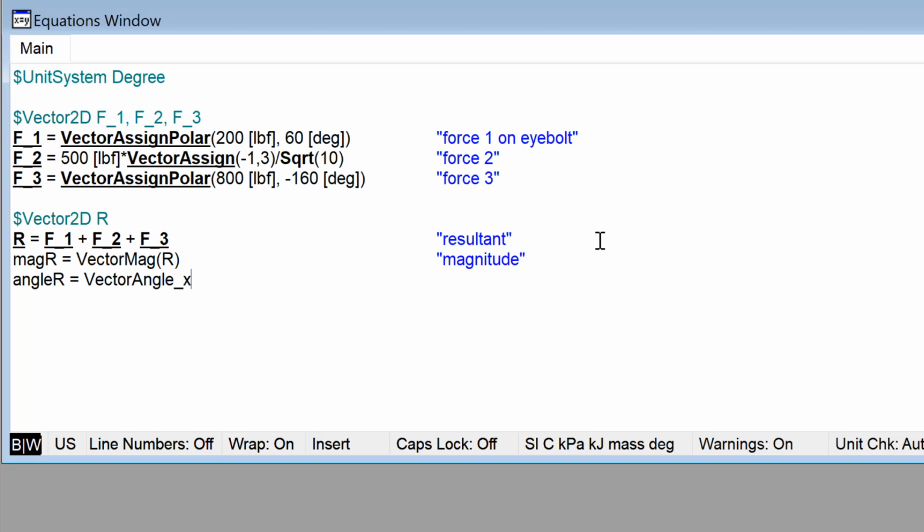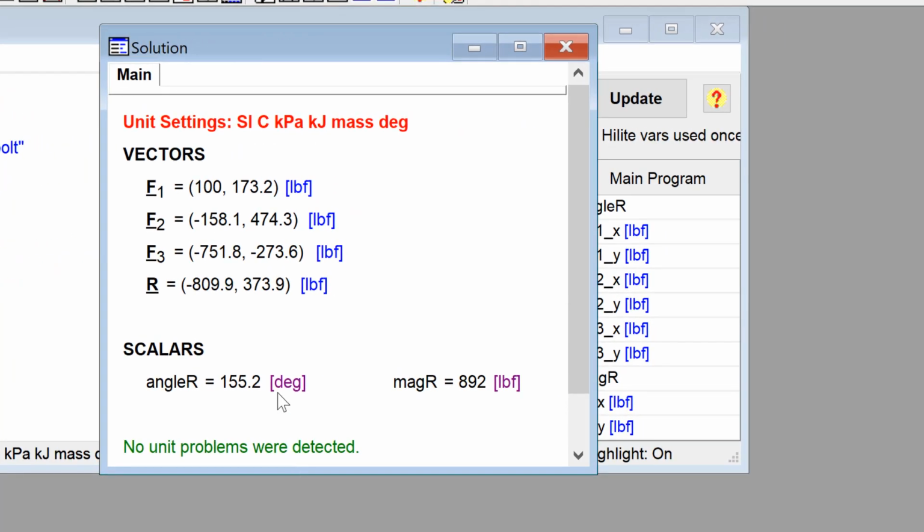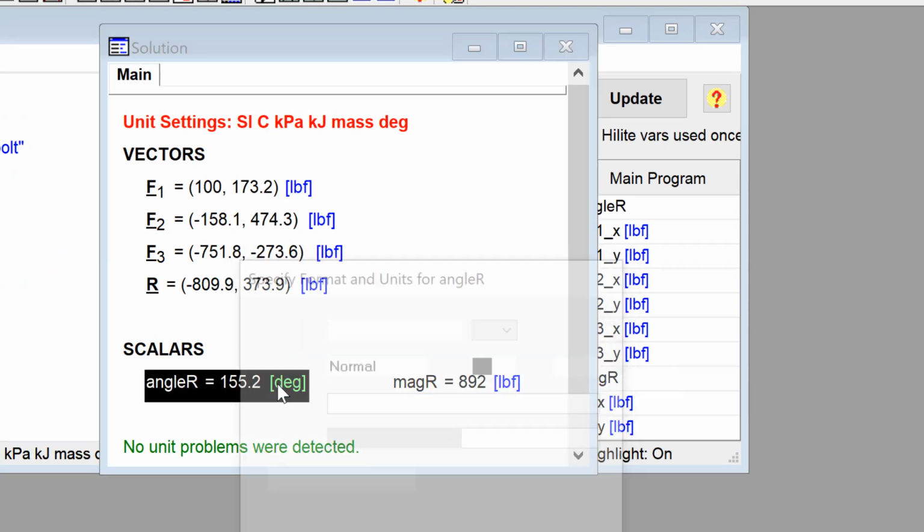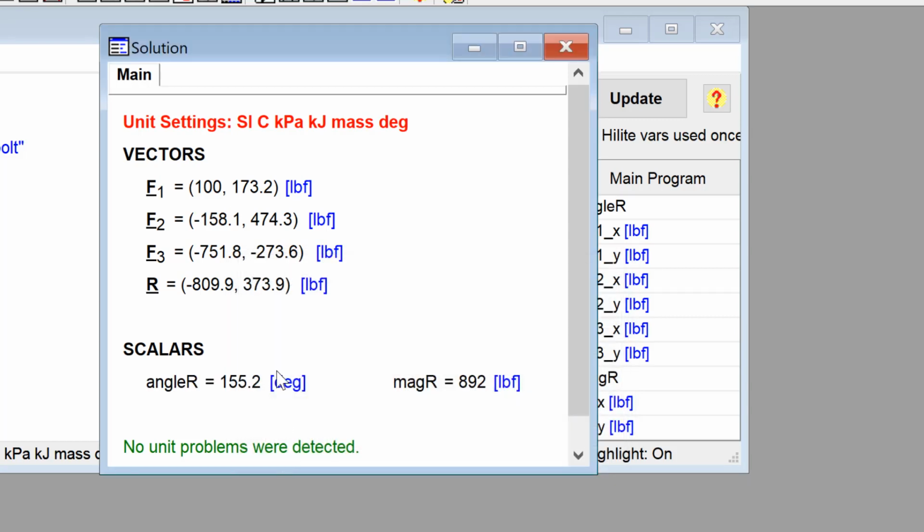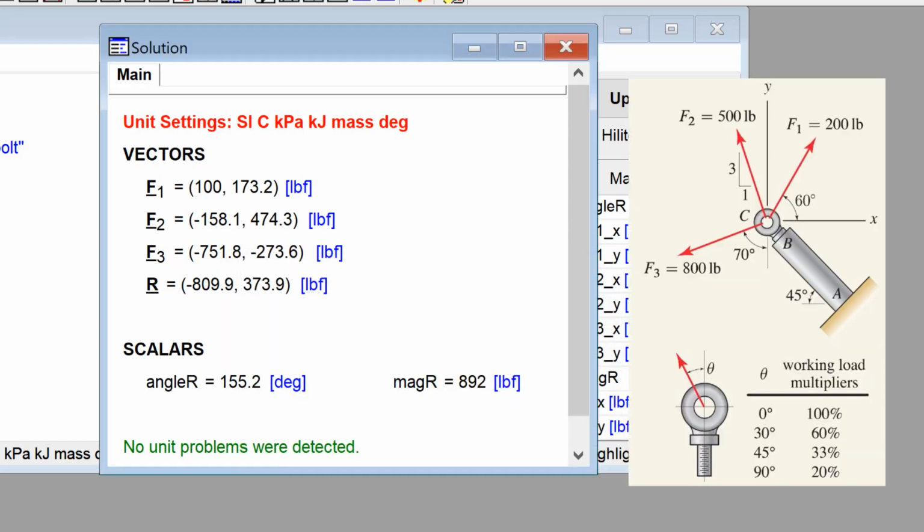So this is going to be the angle relative to the x coordinate of that force. So that's the angle. And if we solve, we find that the magnitude is 892 pounds, and the angle is 155.2 degrees. That's relative to the x-axis.